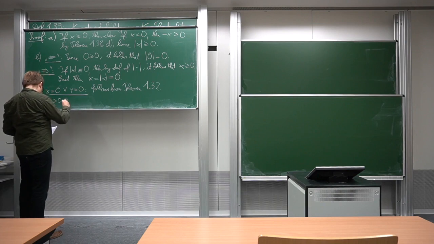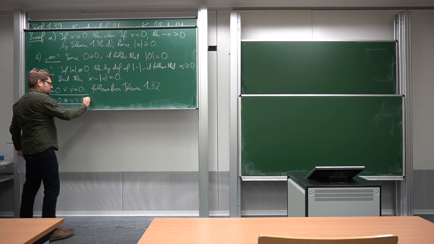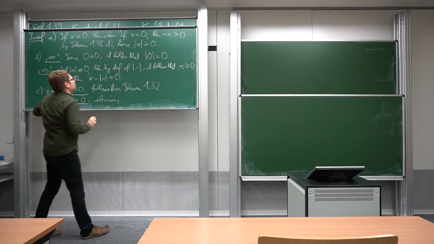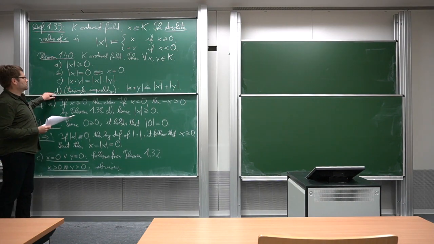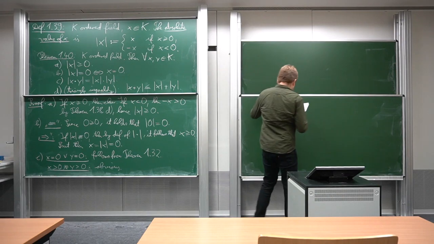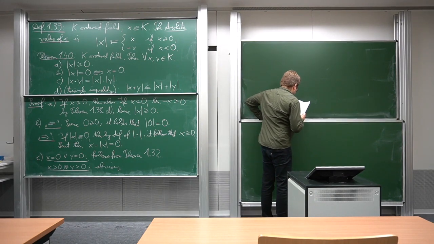Okay, second thing, if both numbers are positive, then there's nothing to show. If x is positive and y is positive, then it's obvious, because the absolute value doesn't change anything. So we would just have x times y on both sides. Now for the more interesting cases where there are some negative signs involved.